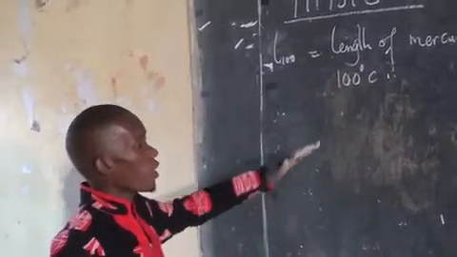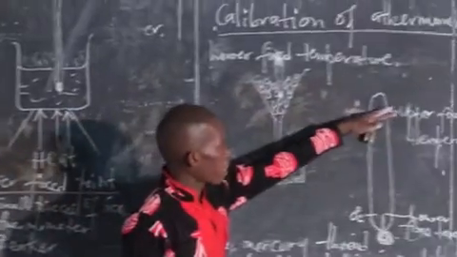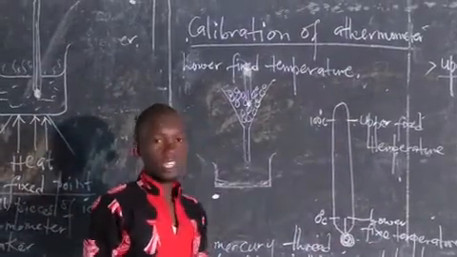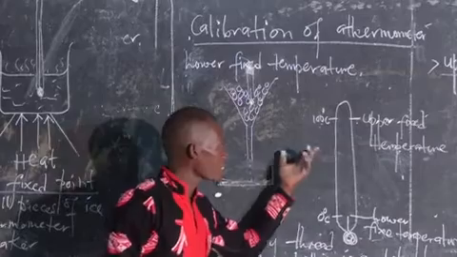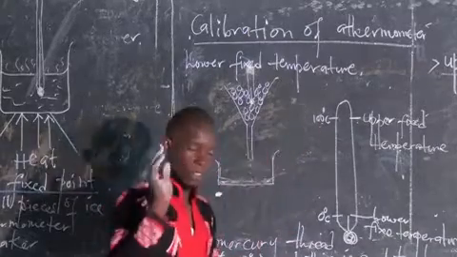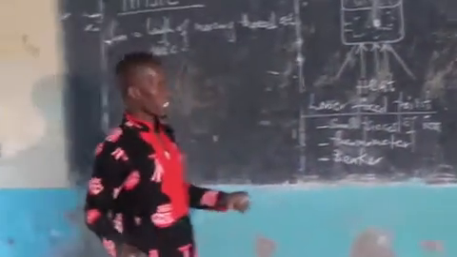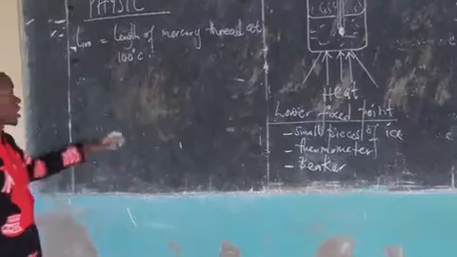And you should get to know there is a difference between the upper and the lower. What is that? Identify that. What is the difference between the upper and the lower? You get to know. So it is a small question.